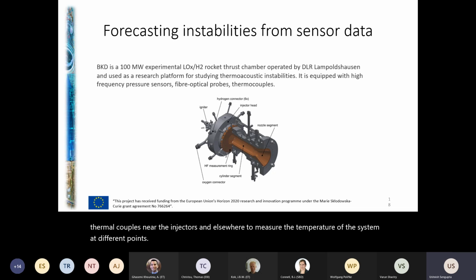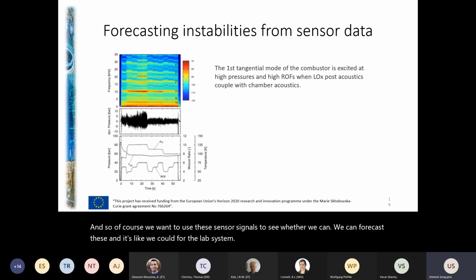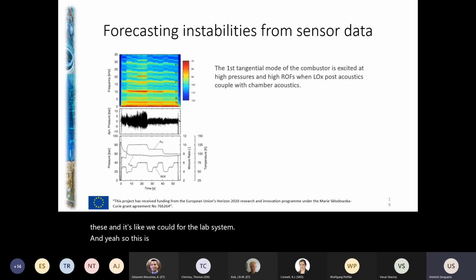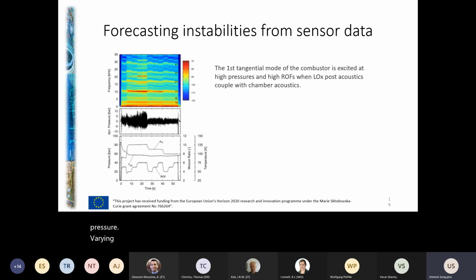Of course, we want to use these sensor signals to see whether we can forecast instabilities like we could for the lab system. This is an example of an experimental run on the BKD rocket thrust chamber. This is a 60-second run, and they're varying the chamber pressure and the ratio of oxidizer to fuel.